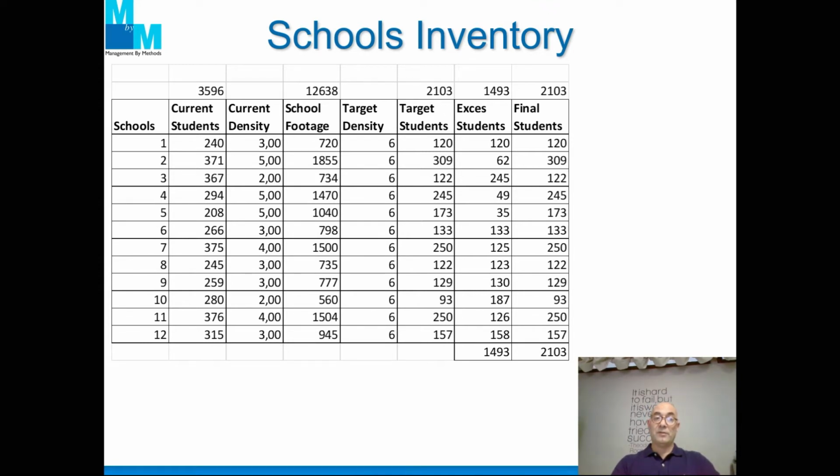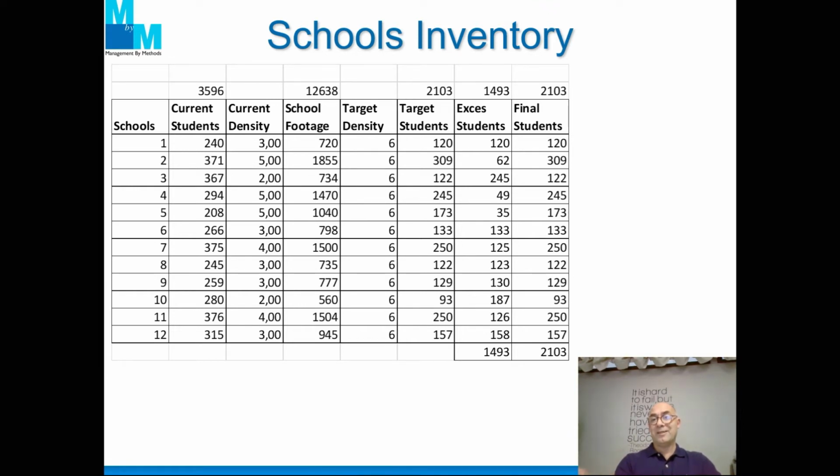So we have the footage of the schools, and then we have the target density. In this example, we have selected 6 square meters per student as a target density. We assume that the expert who advised the government has defined that 6 square meters per student is the right density to reduce infection as much as possible.